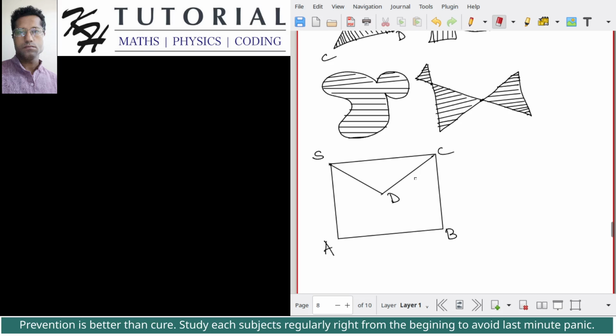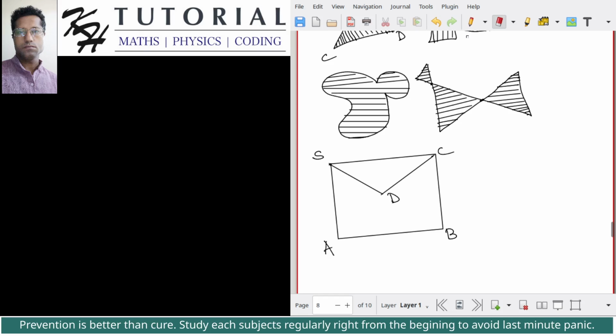But anyway, I was trying to say that for this figure, what will be the region enclosed by the closed figure? Anyway, let's not take this example.